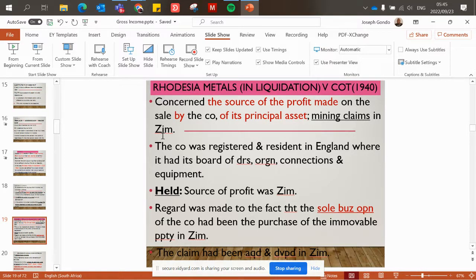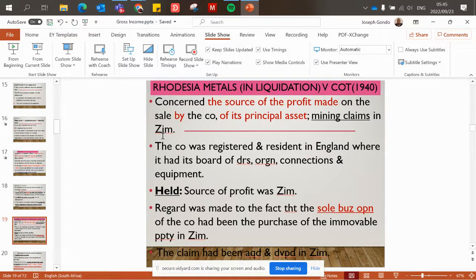So in the Rhodesian Metals versus Commissioner of Taxes case, it concerned the source of the profit made on the sale by the company of its principal asset, that is mining claims in Zimbabwe. The company was registered and resident in England, where it had its board of directors. It was held that the source of profit was Zimbabwe.